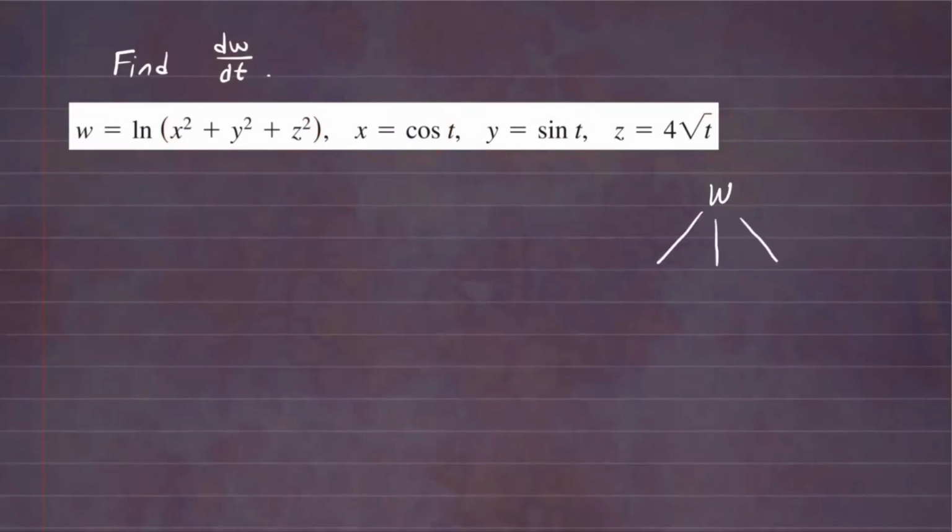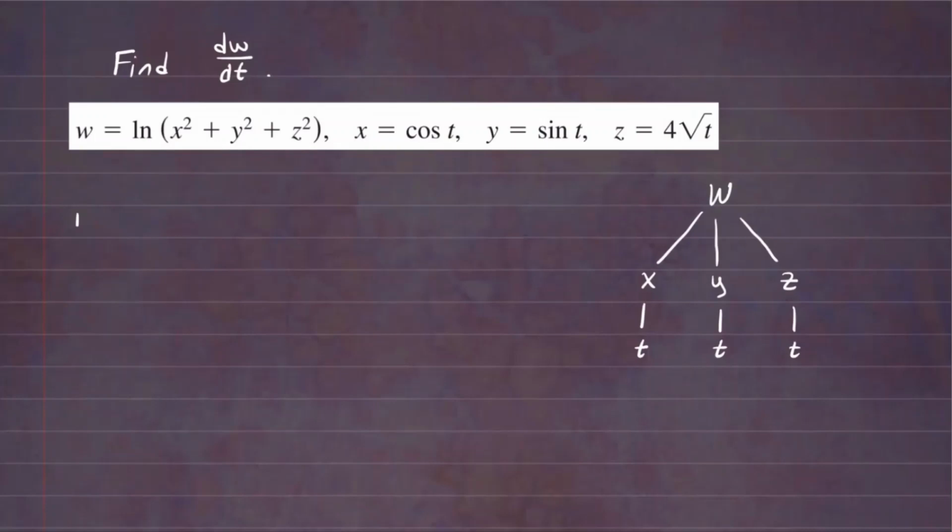So you have 3 paths. We have x, y, and z. And all of these variables depend on one variable t. So we have t, t, and t. So w is indirectly connected to t. So we want to see what is the change in w with respect to t.